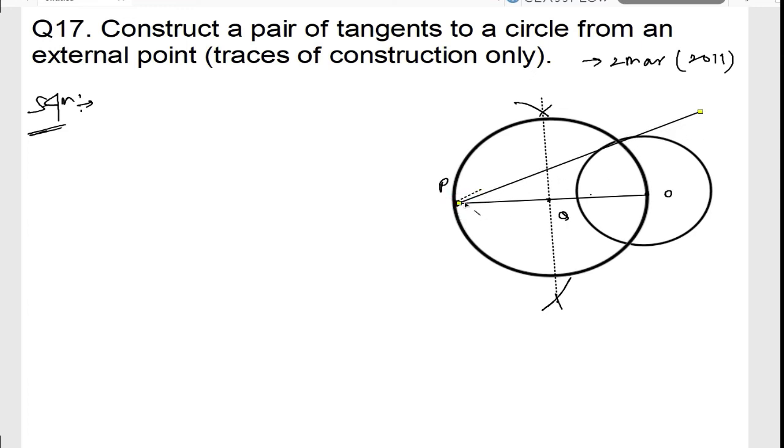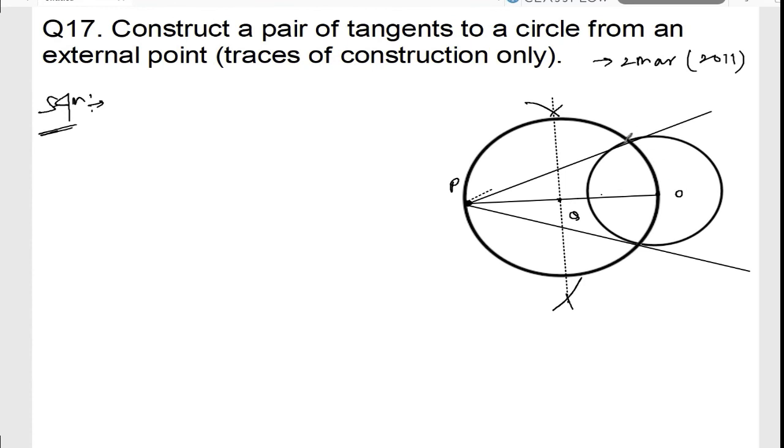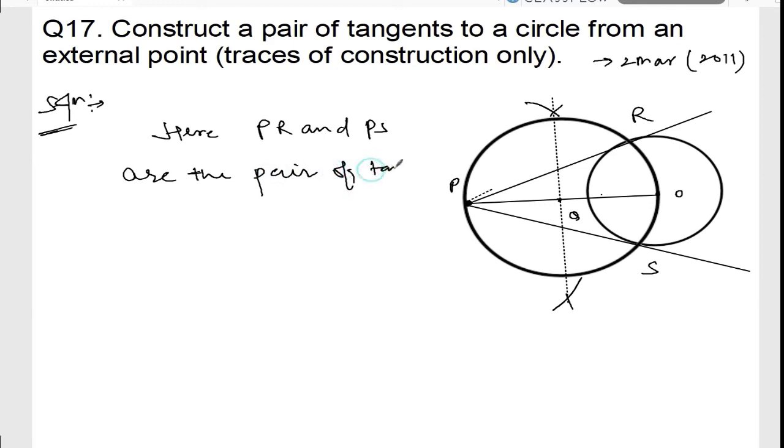Draw the tangent like this from this point P. Here we have P, Q, O, R and S. So here PR and PS are a pair of tangents. PS and PR are the tangents drawn to this circle. This is how you are going to draw.